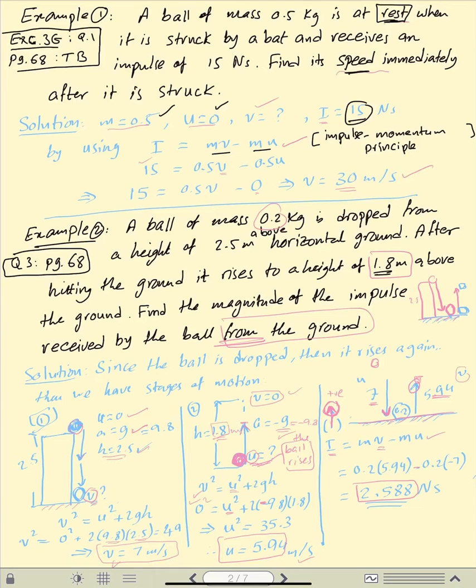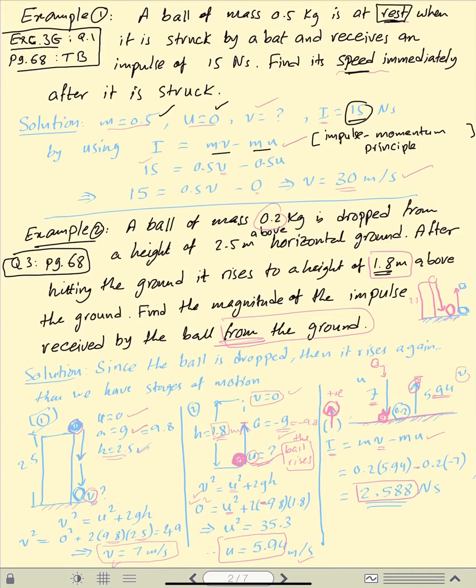What did we find till now, dear students? We have found the ball when it is dropped, hitting the ground. Here it was 7 in this direction.